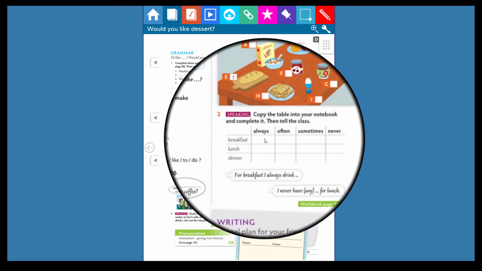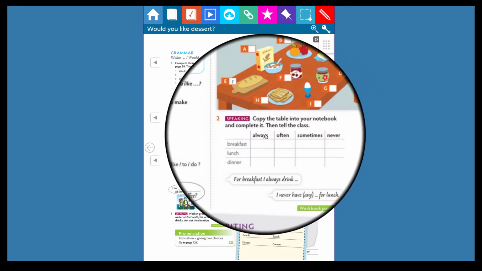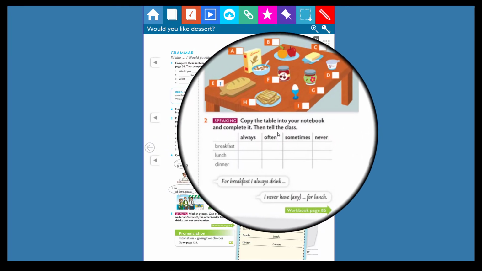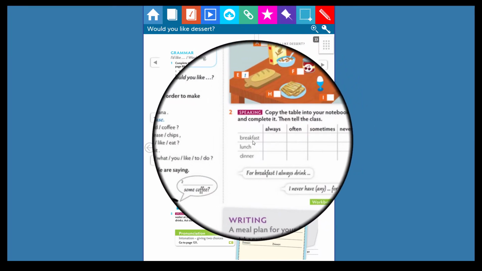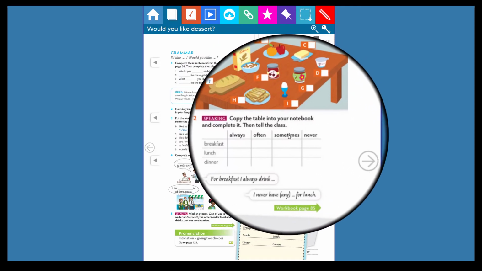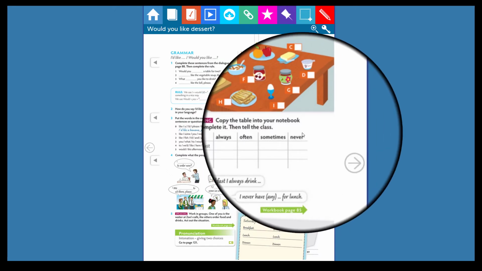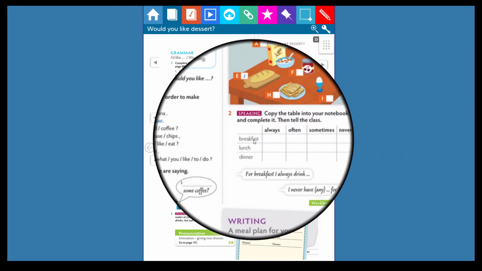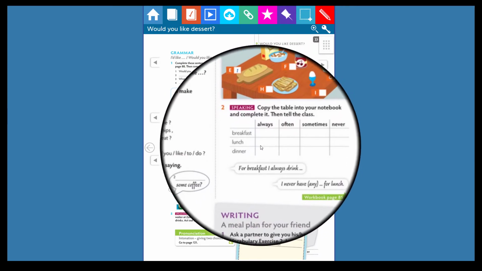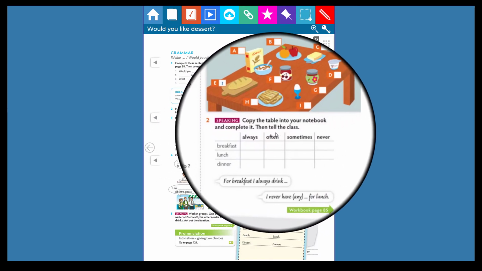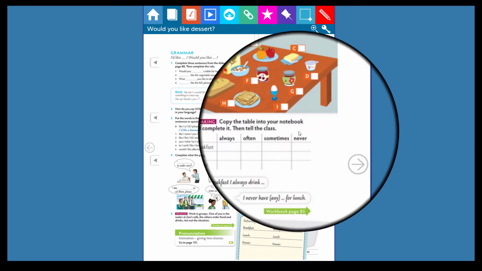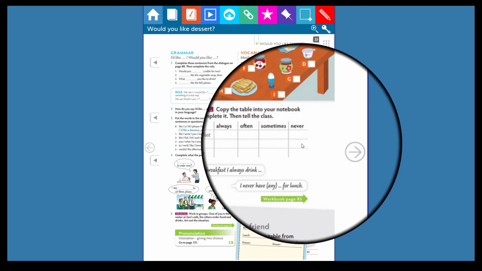Lo que ustedes deben escribir en estos casilleros es lo que ustedes siempre comen al desayuno, a menudo comen al desayuno, a veces comen al desayuno y nunca comen al desayuno. Lo mismo con el almuerzo y con la cena. Lo que siempre como al almuerzo, lo que a menudo como en el almuerzo, lo que a veces como en el almuerzo y lo que nunca como en el almuerzo.